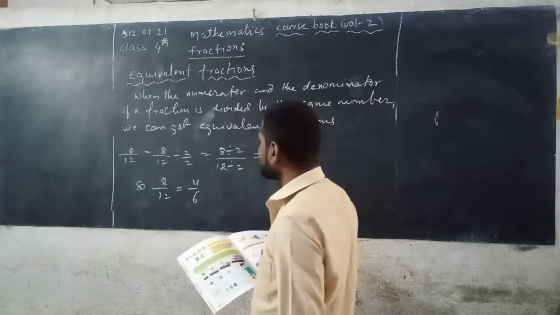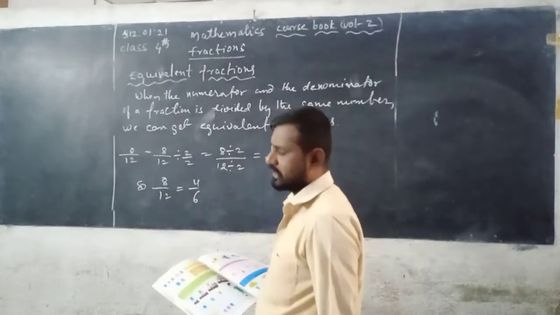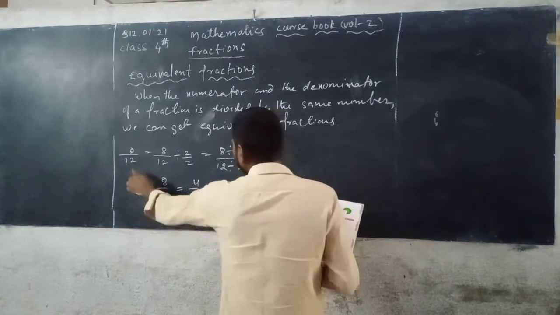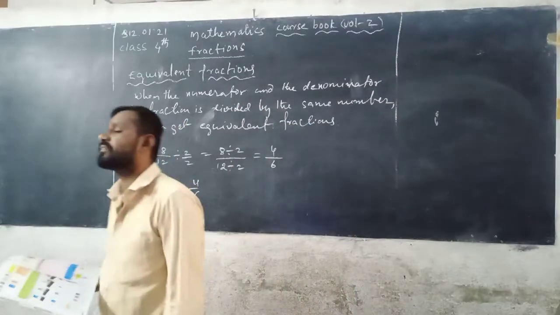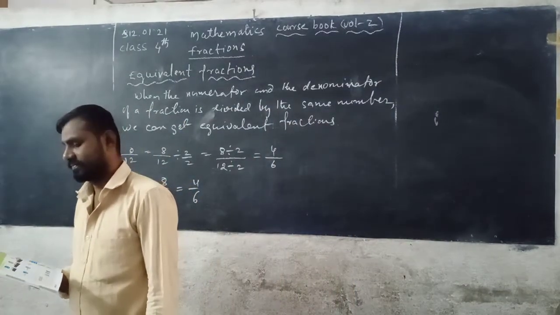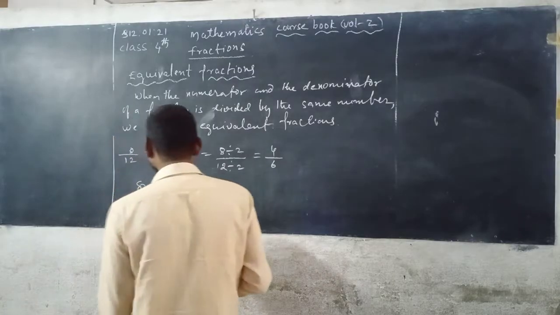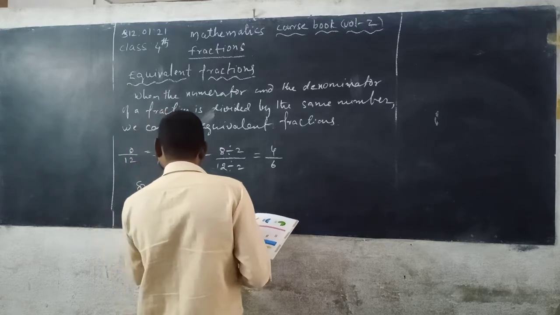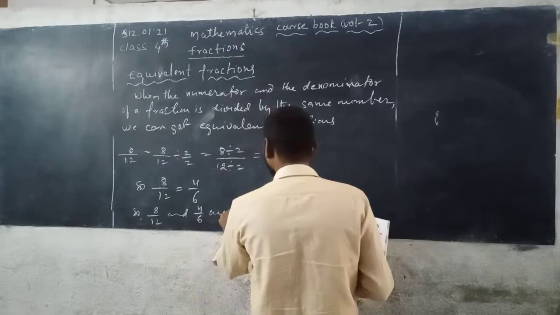Again 4 by 6 is divided by 2. You can get 2 twos are 4, 2 threes are 6, so 2 by 3. Then here 8 by 12 and 4 by 6 are called equivalent fractions. Do you understand? So 8 by 12 and 4 by 6 are equivalent fractions.